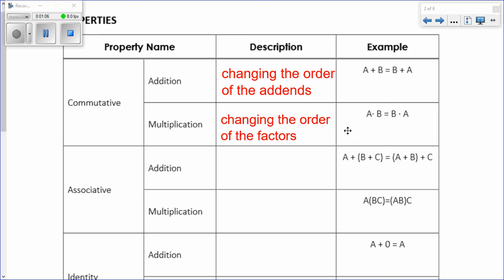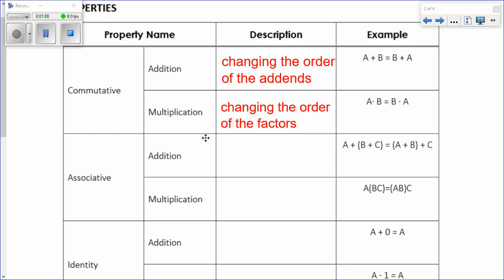Associative property is very similar in that it's over addition and multiplication. Associative property says that we can change the group. Whatever's in parentheses, if everything's being added or everything's being multiplied, we can change the groups and which one we want to add together first or multiply together first.